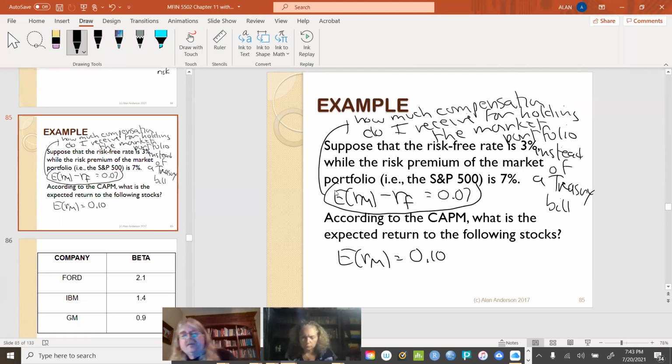And here it happens to be 7%. So in other words, the compensation that you should expect to buy the Standard & Poor's 500 instead of the risk-free rate, meaning the treasury bill, is 7%.